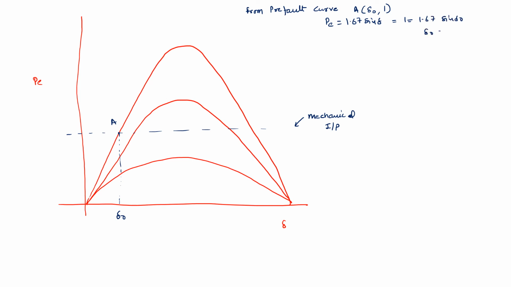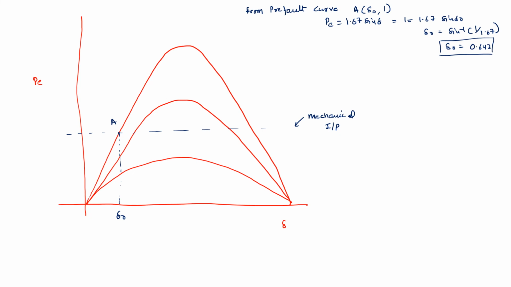So this delta naught will be sine inverse of 1 by 1.67. Ultimately this delta naught is coming out to be 0.642 radians. This is an important observation, we need to remember it.